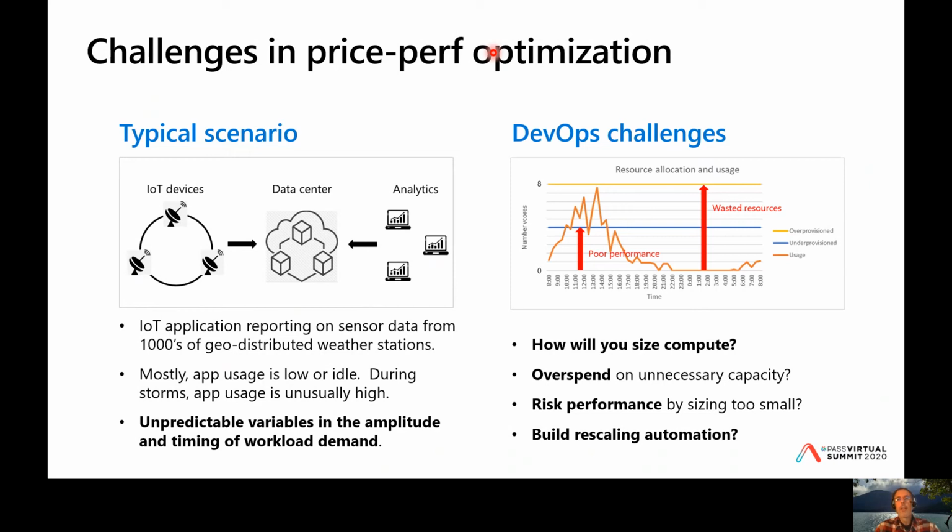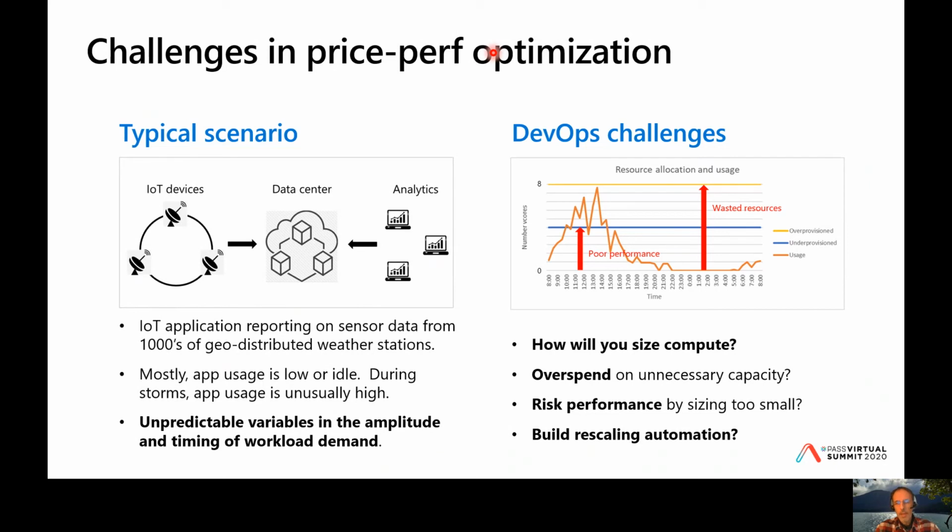On the other hand, you can decide to provision an amount of compute that matches the average utilization over time. But then, of course, during peak periods, the database will be undersized and suffer from poor performance.